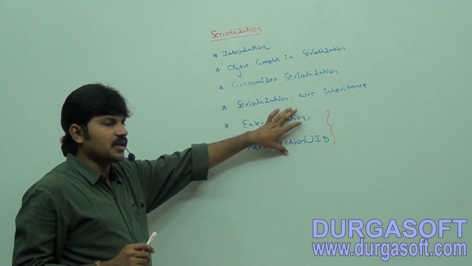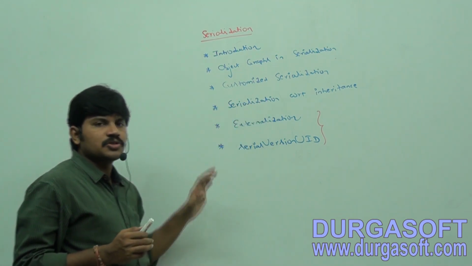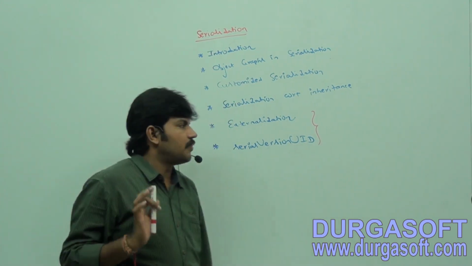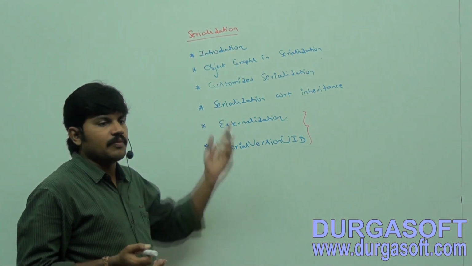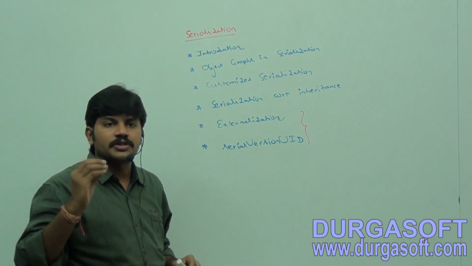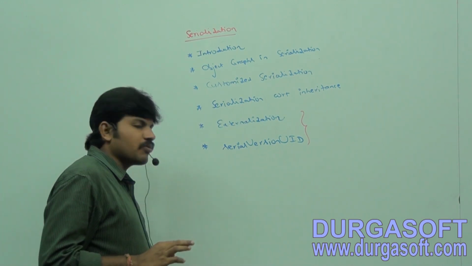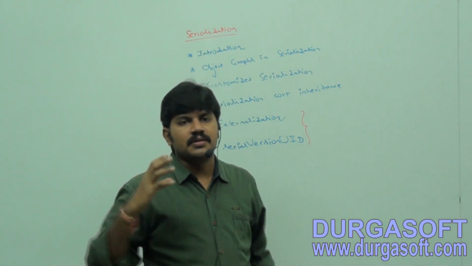In SCJP, these things are not there. Up to this only is the serialization concept. The last two things we are adding talk purely about interview-related terminology. Anyway, compulsorily you should be aware of the difference between serialization and externalization, what the role of serial version UID is, and what serial version UID is. You should have clear clarity up to this level. Now let me start the serialization topic.